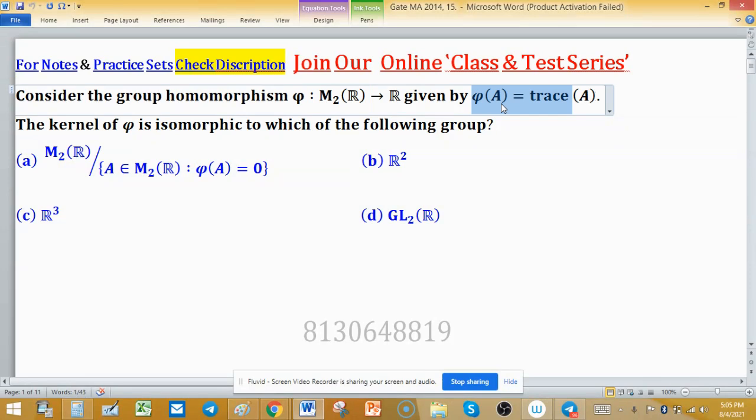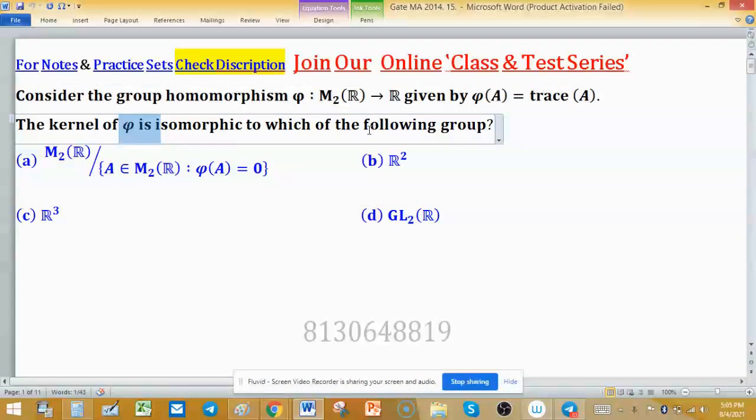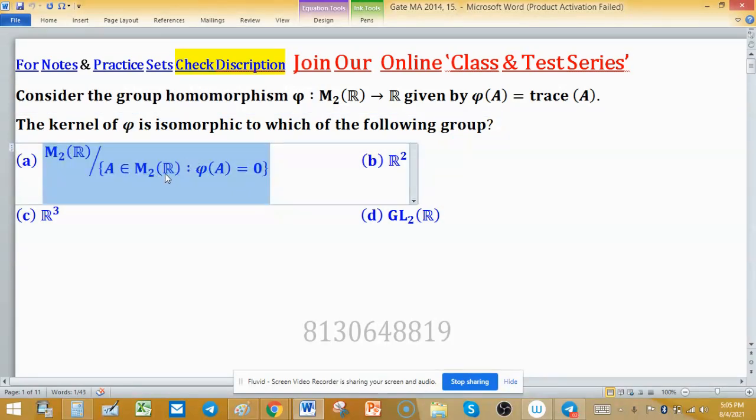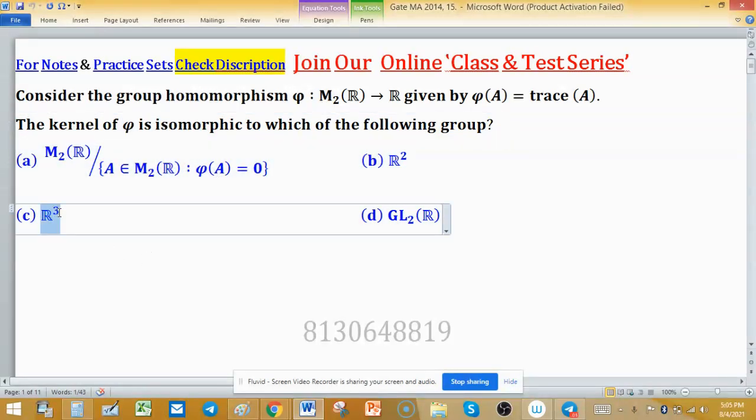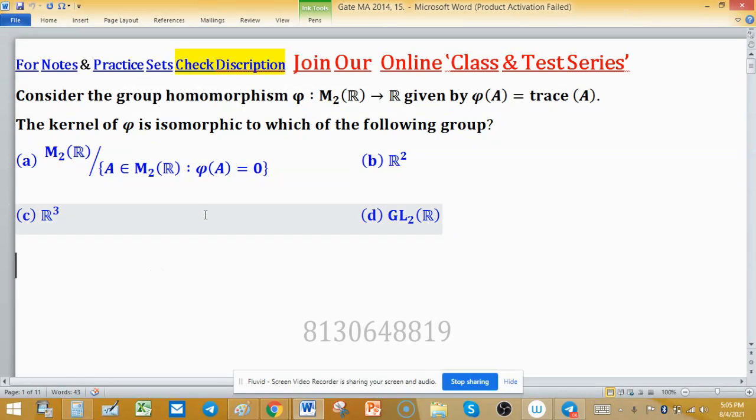Consider the group homomorphism phi from M2(R) to R given by phi(A) equal to trace A. The kernel of phi is isomorphic to which of the following groups? Here are some groups and we have to check which one it is isomorphic to. So we know the dimensions of R cube, R2 and GL2(R).